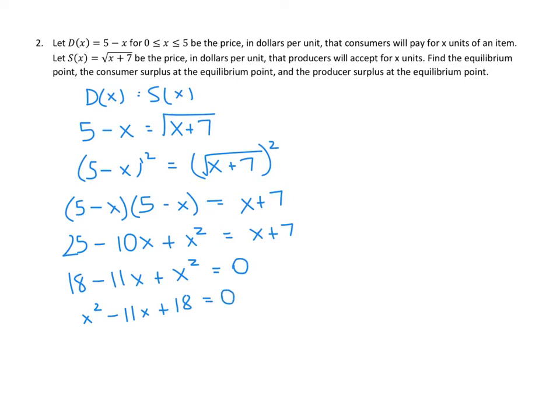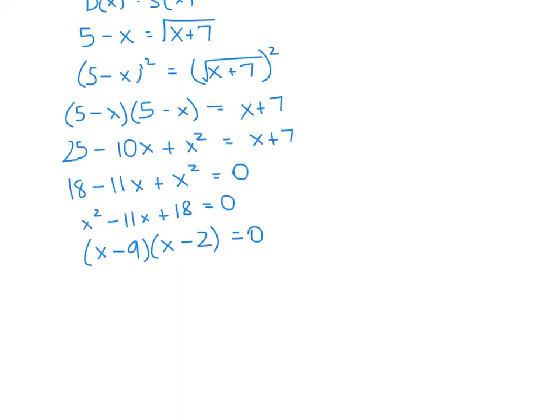Now let's factor it. It'll factor into x minus 9 times x minus 2. So setting each factor to 0, we have x equal to 9 and x equal to 2 as our two x values that are solutions to this quadratic.